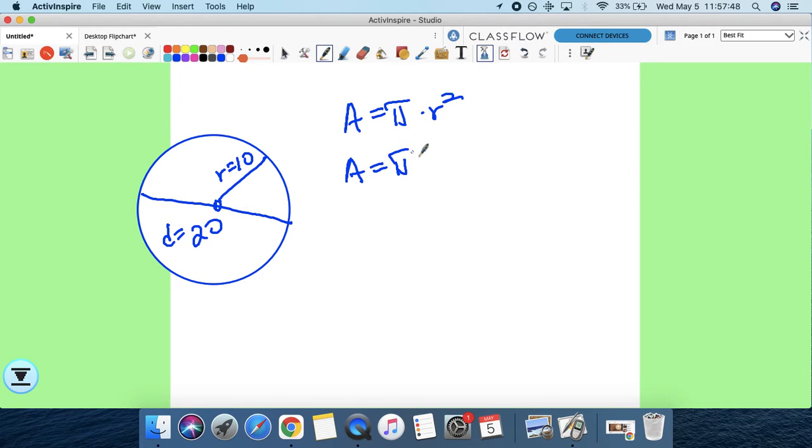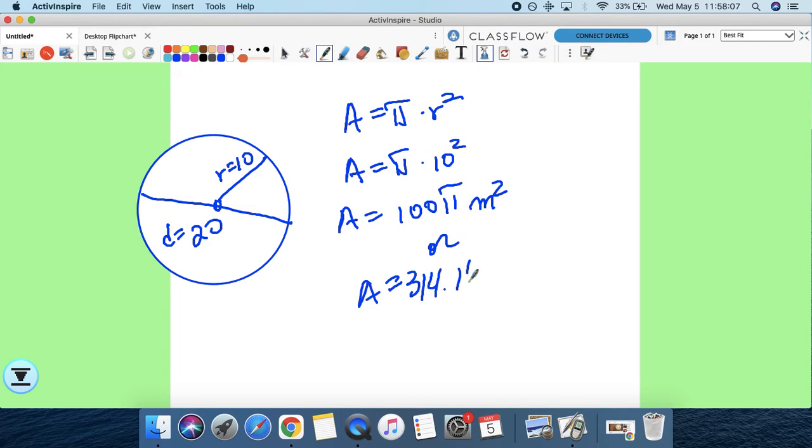Area equals pi times 10 to the second power. 10 to the second power is 10 times 10, which is 100 pi. So we can leave it like this. Or you can multiply 100 times pi, and you get area equals 314.16 meters squared. So that's number 11.